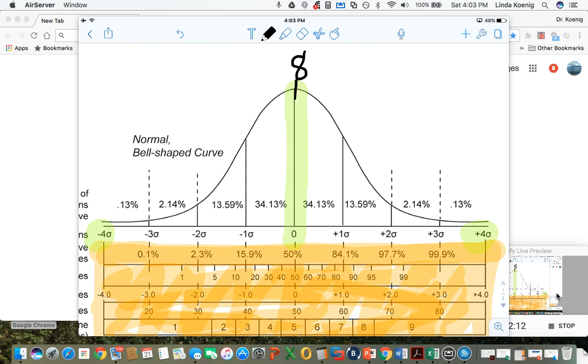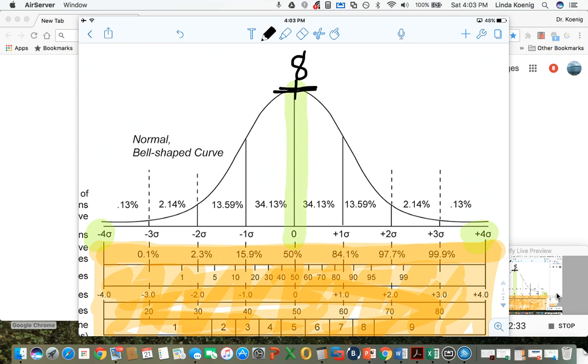So right here, this line is going to be shoe size 8. And if it's the average, we're going to have more people at 8 than any place else, which is why this is the highest point of the curve. All right, that makes sense, right? Because we've got lots and lots of people who have shoe size 8.